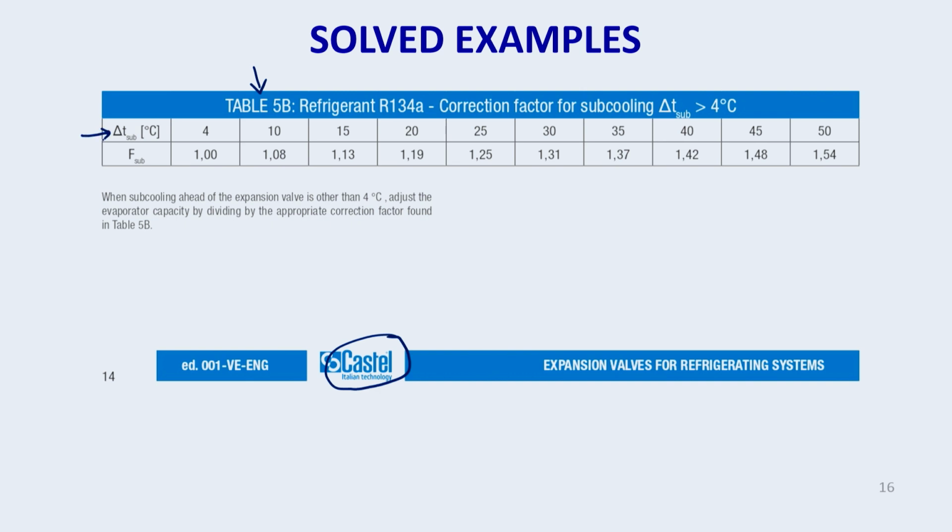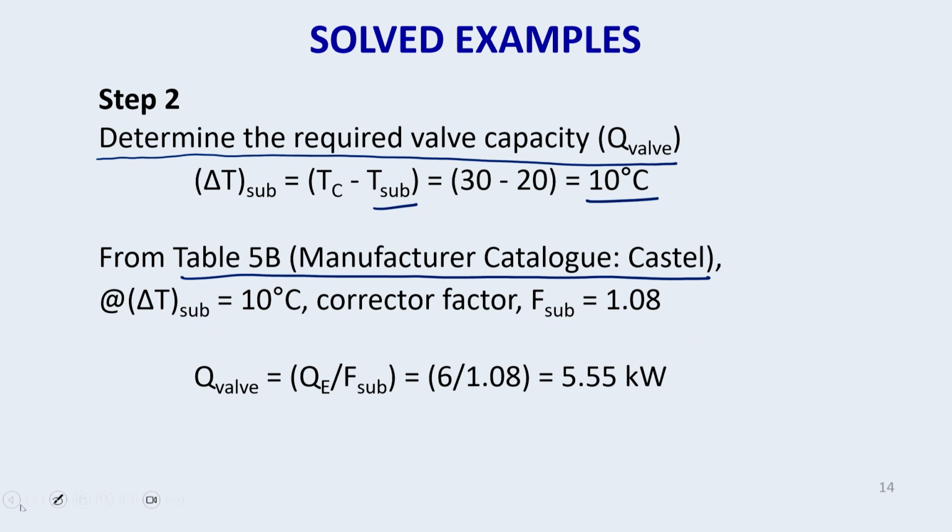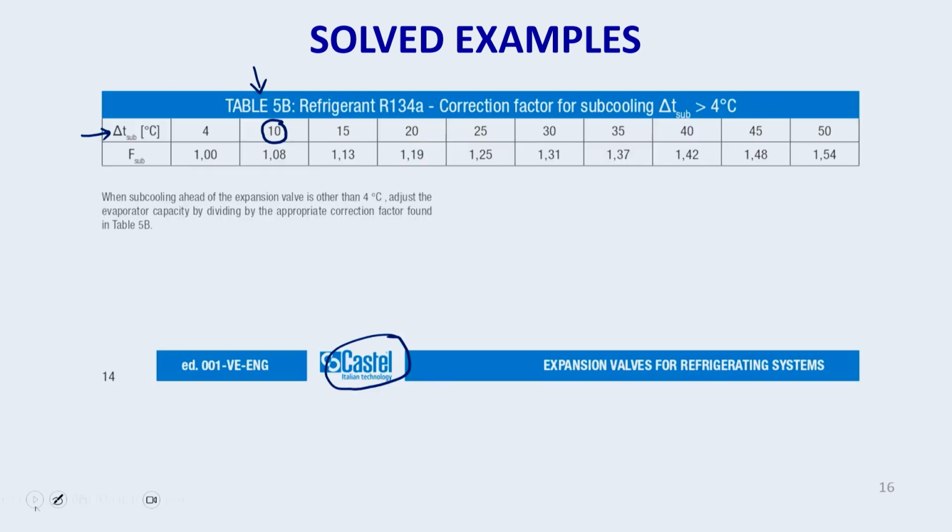The calculated delta T of subcooling is 10 degrees centigrade. Corresponding to 10 degrees centigrade, the correction factor is 1.08. This is from the table.